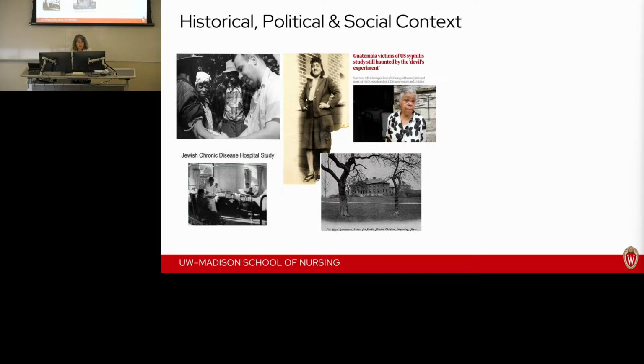Another important issue is this historical, political, and social context. There is a history of research abuse for these same populations. I think many of you probably recognize what is at the top right here, the Tuskegee syphilis study. And next to that is Henrietta Lacks, who gave her cells unwittingly to cancer research.